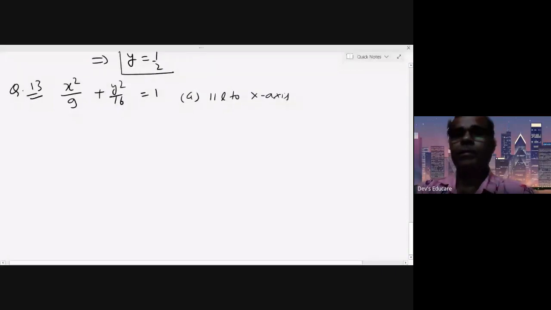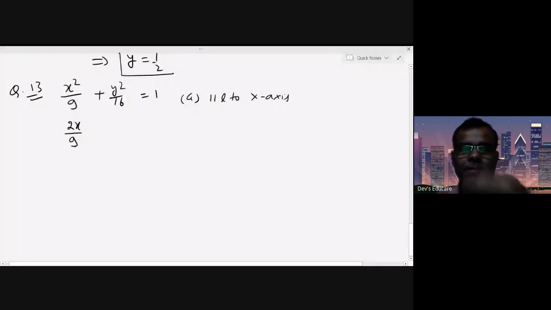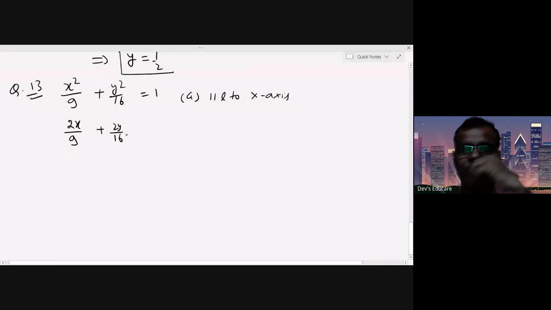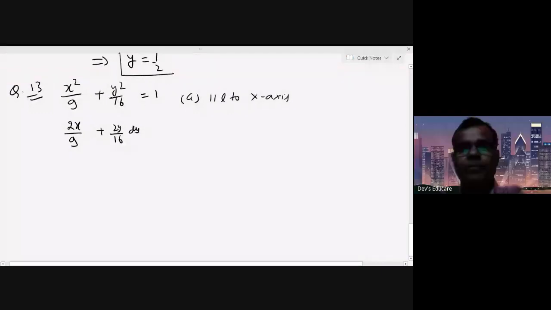If the tangent is parallel to the x-axis, then dy by dx should be equal to 0. Okay. So first find the derivative. The derivative will be 2x upon 9 plus 2y upon 16 dy upon dx equals 0.